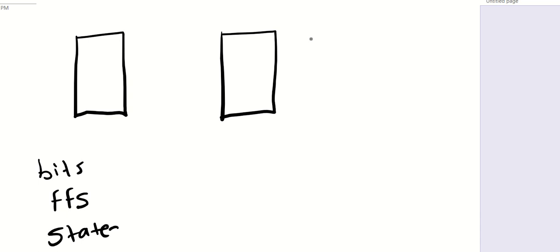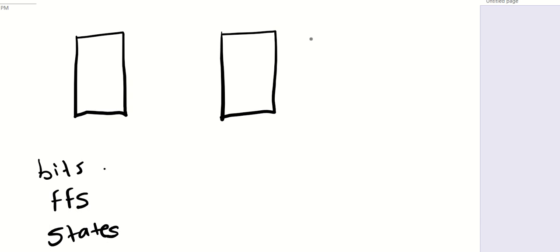Okay, so in an asynchronous counter, to design any counter, first we should know how many bits you want to design the counter for, how many number of bits. Then from the bits you can find out the number of flip-flops required, and then you can find out the number of states of that counter.